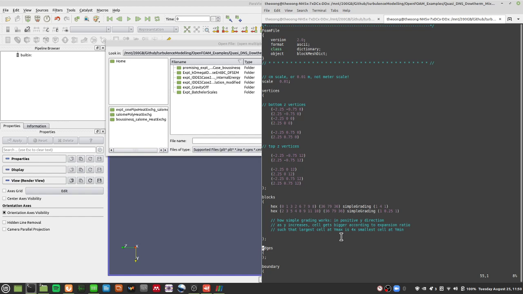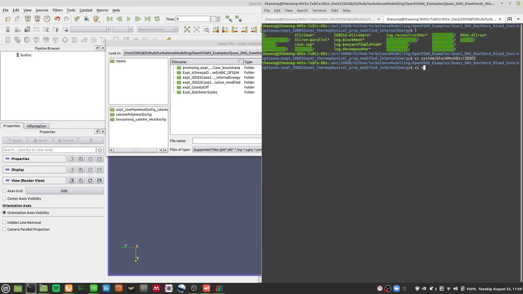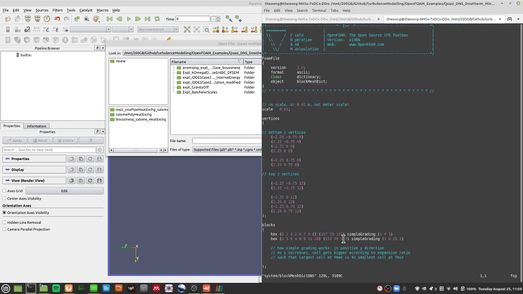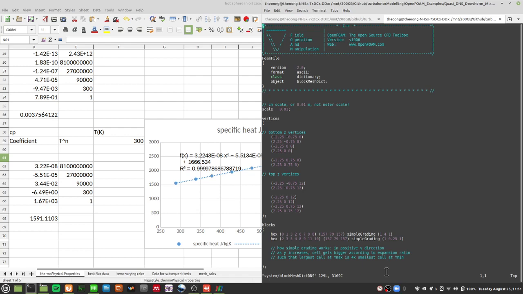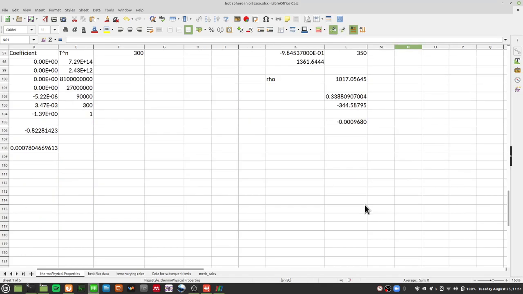Okay, so what is the level for DNS? 157. So 157 to the power of 3 is supposed to be able to run. How many cells is this? This is a Kolmogorov scale simulation. I cannot simulate to the Batchelor scales, but this is about 4 million cells.